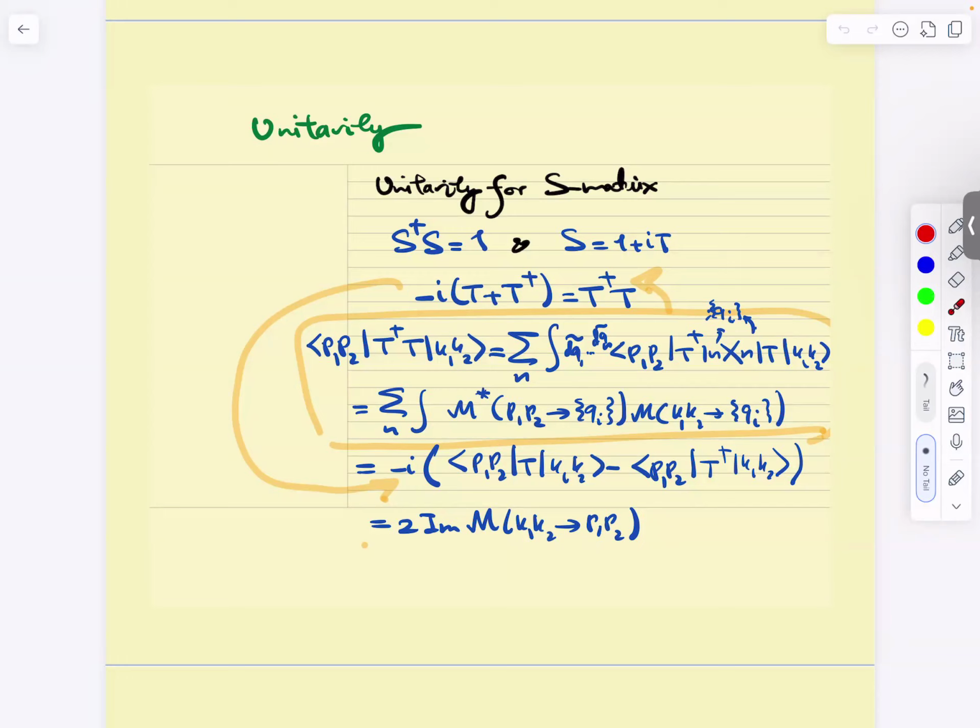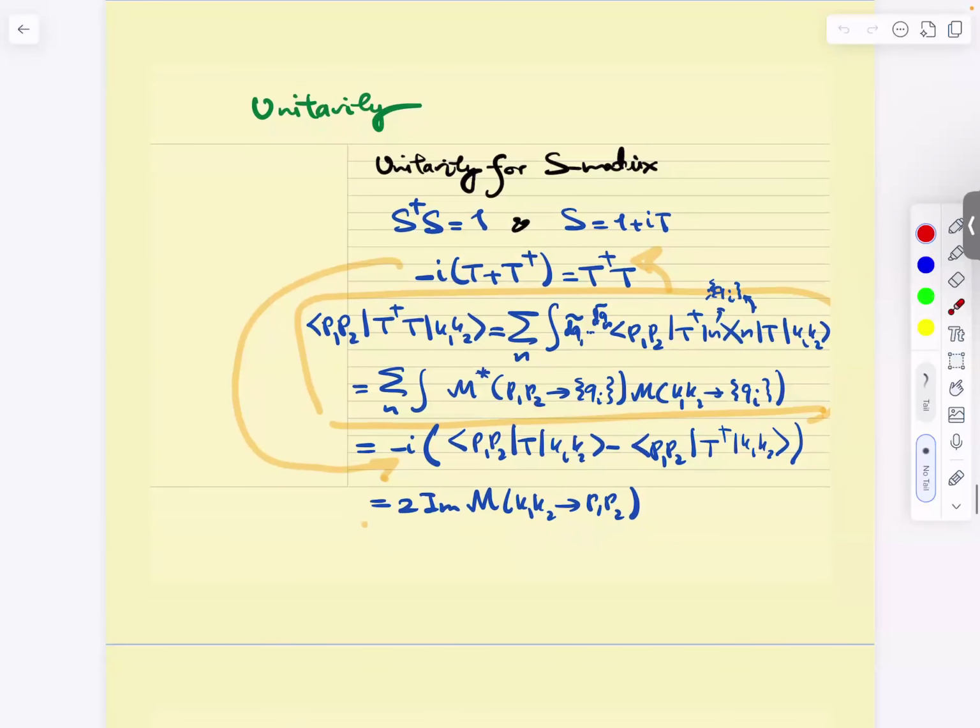What we find is that the imaginary part of a particular diagram becomes related to the m squared of this expression. Let me massage it a little bit further. So far, everything is good.